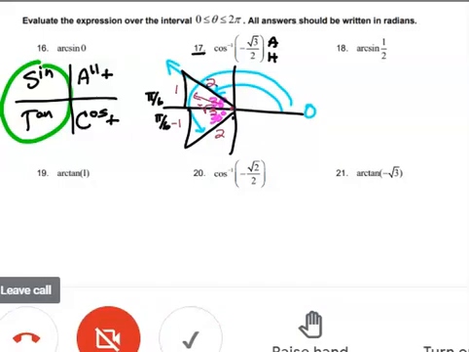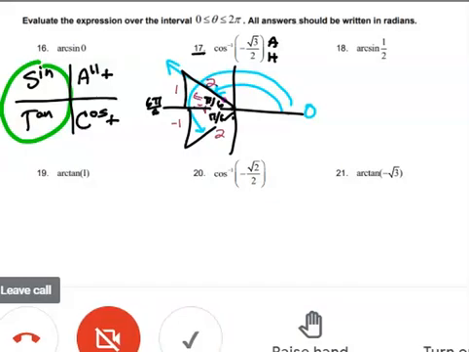But the other thing I can do is I can realize, well, if this is pi here, which is the same as 6 pi over 6, and I have a reference angle of 30 degrees, which is the same as pi over 6, probably easier to do the bottom one first because I'm going half a circle, which is 6 over 6.